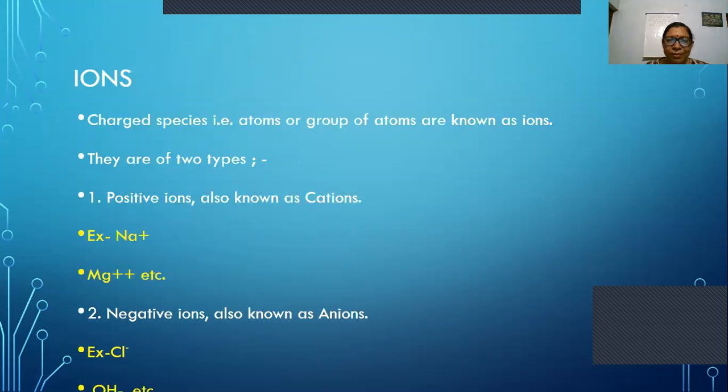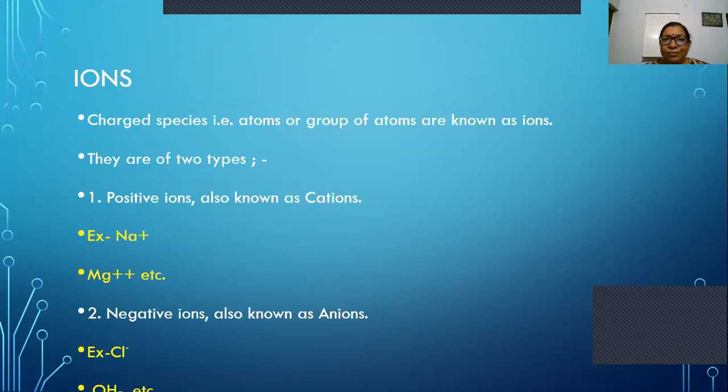Now next term is ions. So what are ions? Ions are charged species, and charged species means atoms or groups of atoms which have charge.